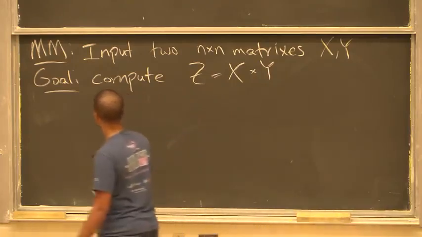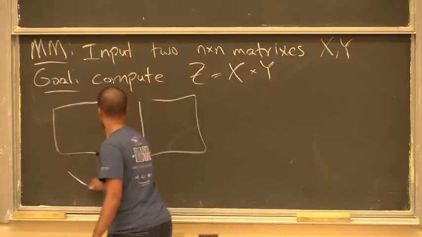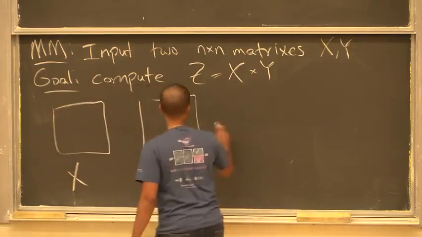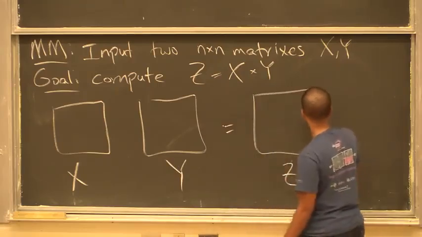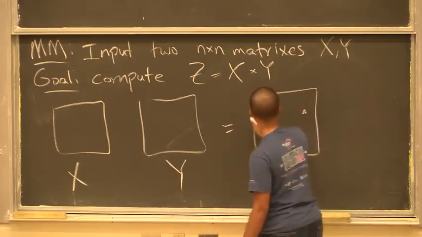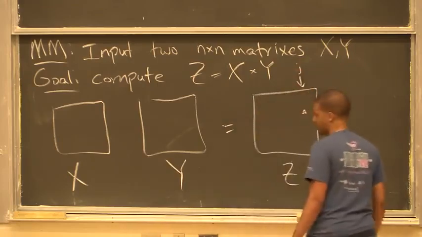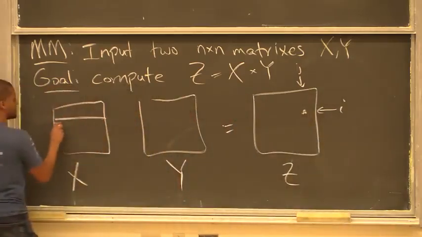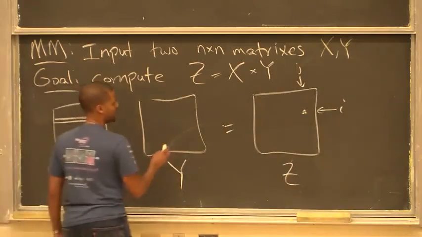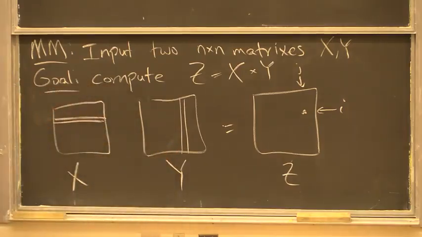Right? And I said this last time. If this is x and this is y, and this is z, if you look at any given entry of z here, like for example, this is the ith row and the jth column, the way you get that, just the definition of matrix multiplication, is you take the ith row of x, and you take the jth column of y, and you take their dot product.